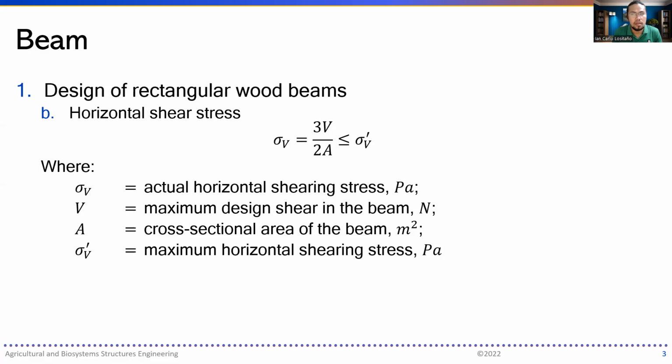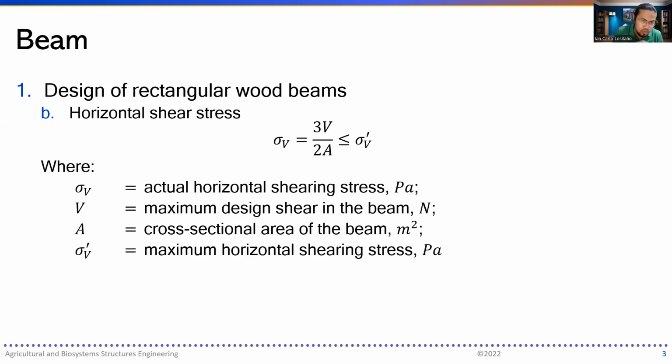Later, there's going to be a topic on combined loadings. But in here, we just talk about shear in the beam, one-dimensional, or one along the plane, for example, that cross-sectional area. So that is a plane. And then you have your maximum horizontal shearing stress. That should be the allowable, the limit.